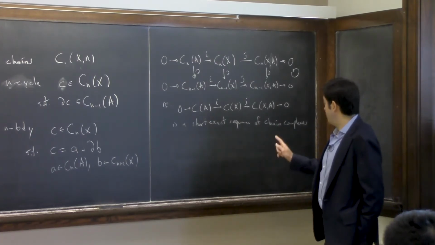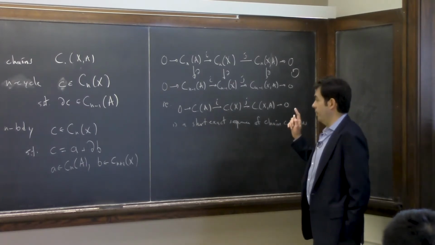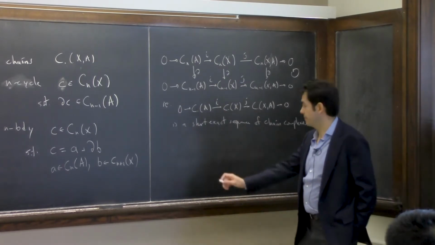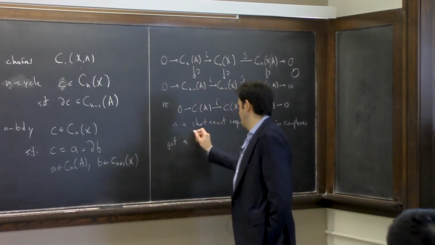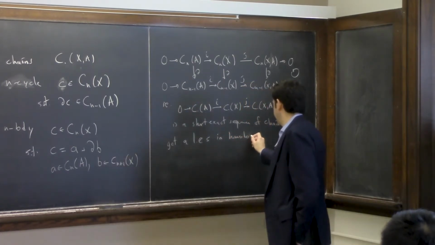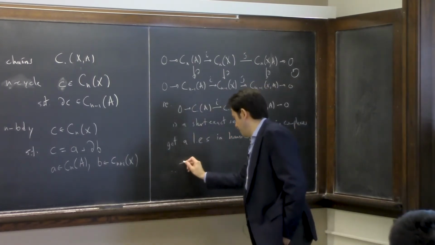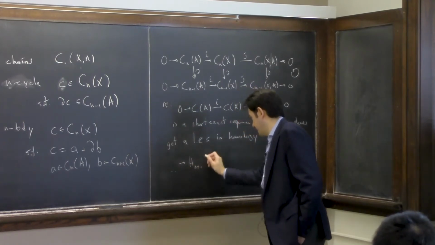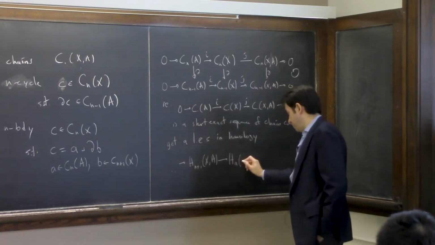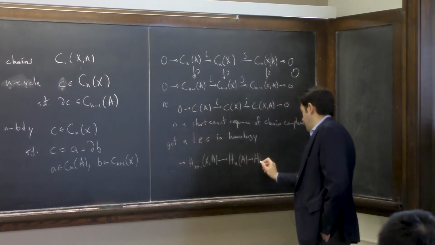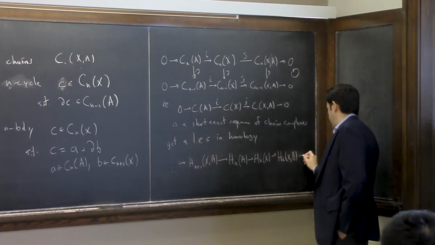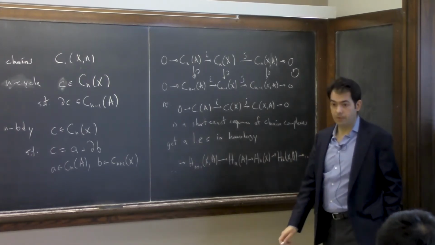So the game is that every short exact sequence of chain complexes gives you a long exact sequence in homology. Here you get a long exact sequence in homology, which in this case is going to look like relative homology maps to homology of A, homology of X, relative homology, and then you repeat.